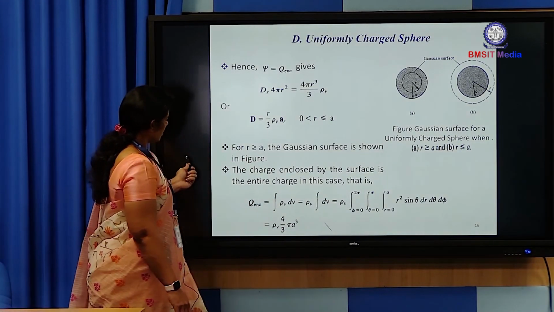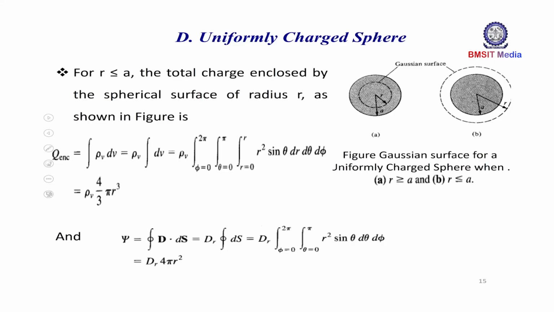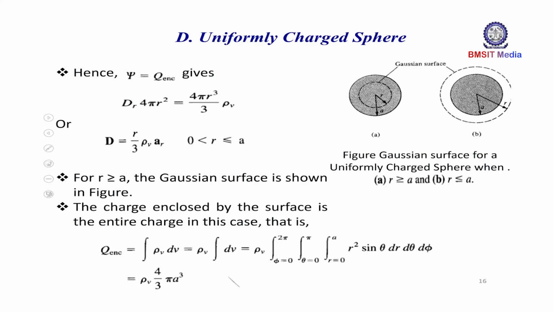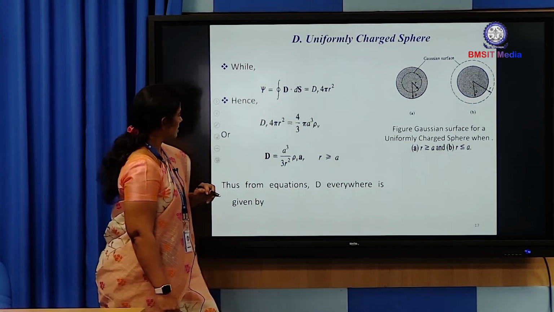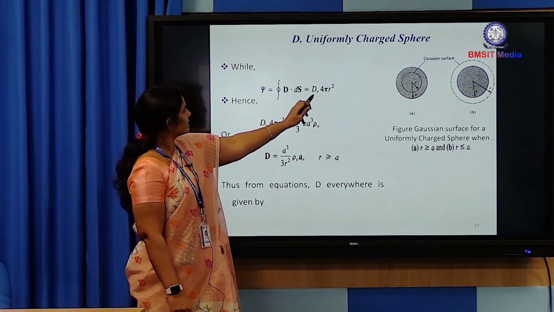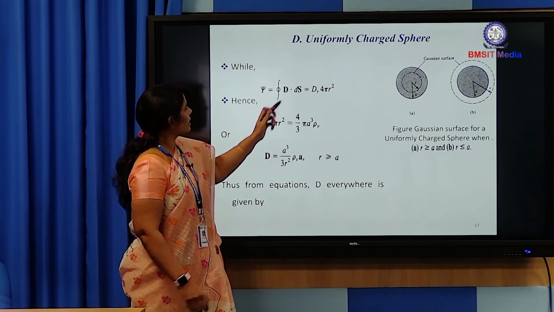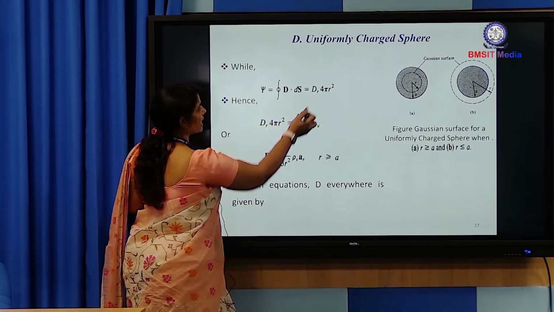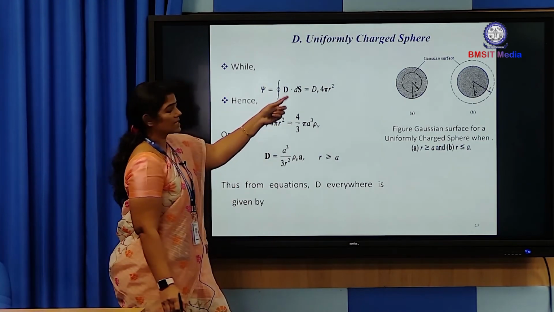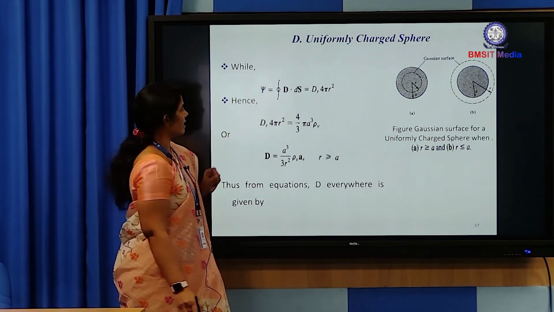Okay. So, now what is required? Psi is required. So, what will be the psi? Psi is equal to the closed integral of D dot dS, which is going to be D_r times the closed integral of dS, which is equal to 4 pi r square, that is the spherical surface area.